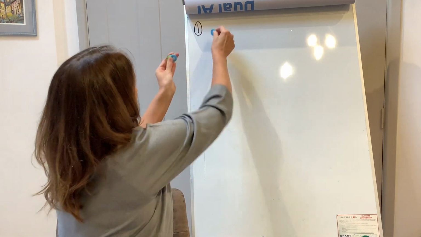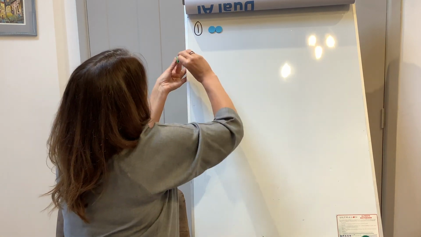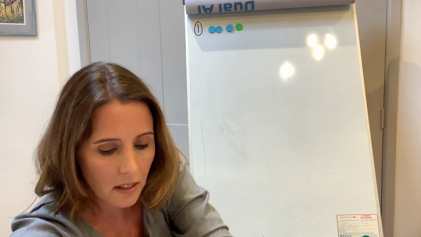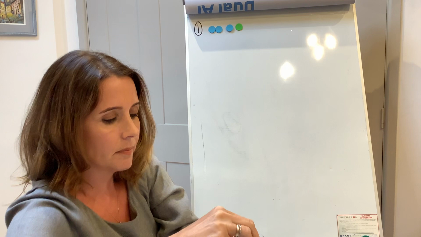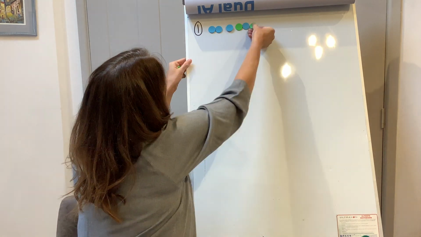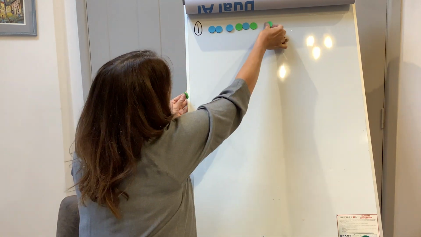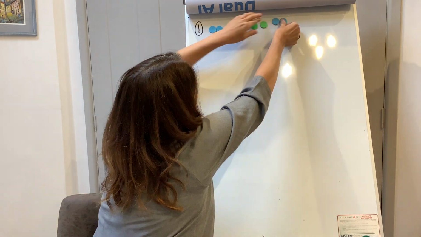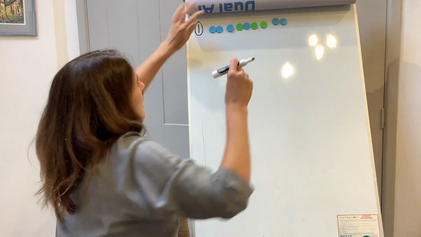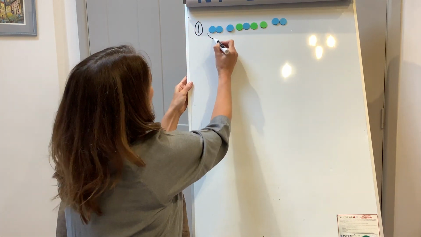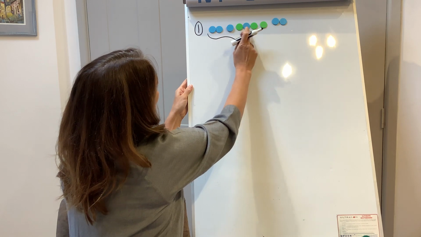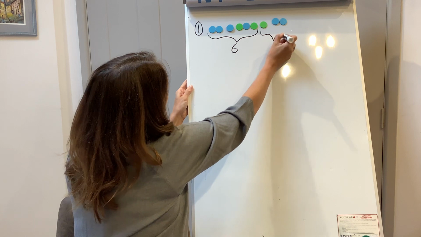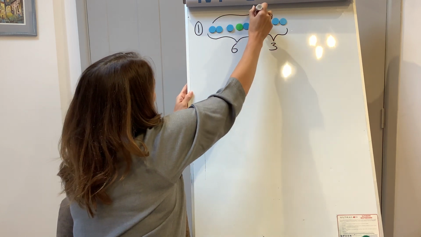I'm going to have 6 counters, and add on 3 more, so we can say we've got 6, 1, 2, 3, 4, 5, 6, add on 3 more. What have we got all together?